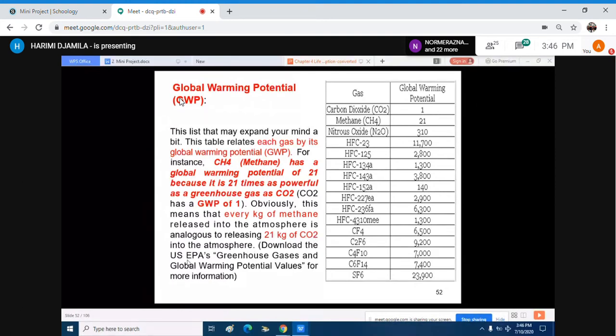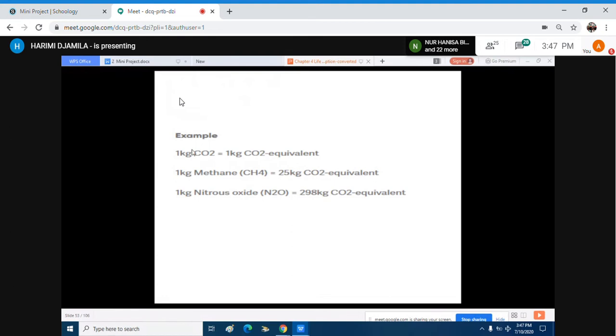So here is one from the source of the information. But usually we mostly use carbon dioxide equivalent or global warming potential to refer to it. So here 1 kilogram CO2 equals 1 kilogram CO2 equivalent. 1 kilogram methane equals 25 kilogram CO2 equivalent. The term equivalent is used widely, by the way.